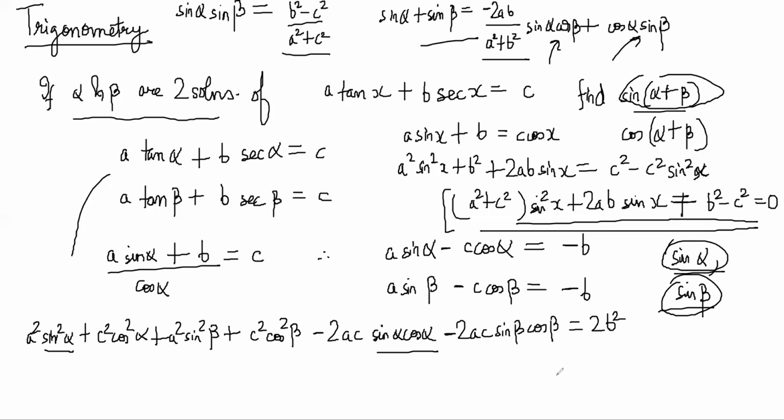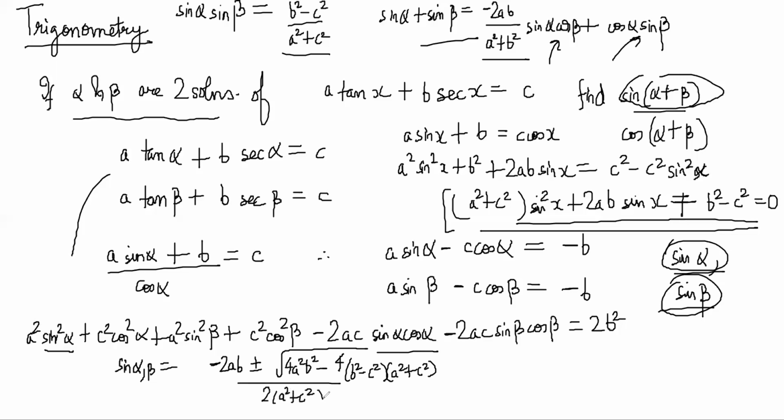So sine alpha, comma, beta will be minus 2ab plus minus root of 4a square b square minus 4 (b square minus c square) into (a square plus c square), by 2 into (a square plus c square), right?